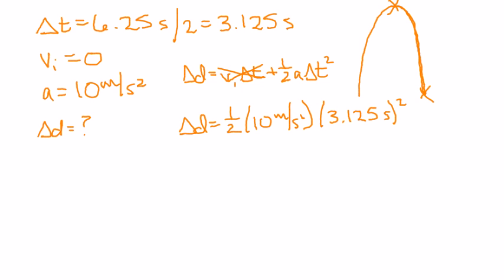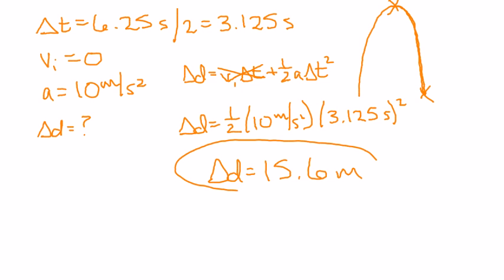And then we'll square that. So really all we have to do now is multiply all these things together, and we'll take 0.5 times 10 times 3.125 squared, and we should get for delta D 15.6, because we should have 3 sig figs here, 15.6 meters.